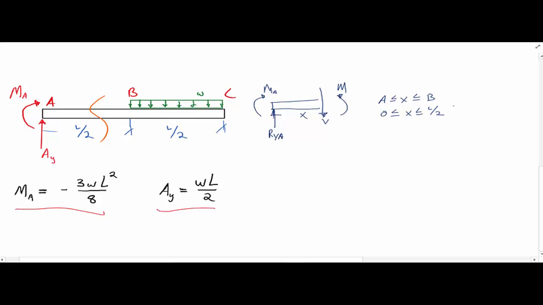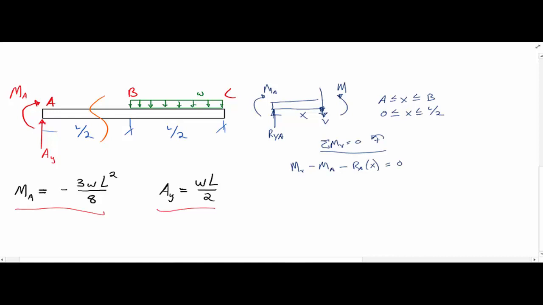So what this will be is just summing the moments about, say, our shear point here. Sum of moments about V equals 0, positive counterclockwise convention. We'll say moment at V minus moment at A minus the reaction at A multiplied by x equals 0.